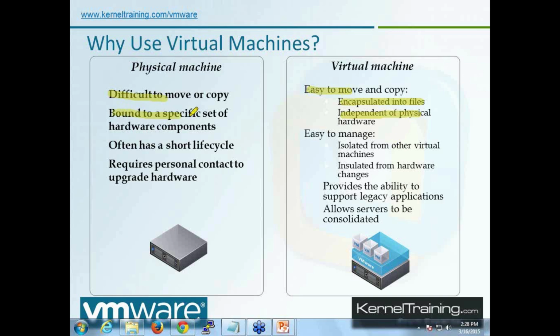A physical machine is bound to a specific set of hardware components. That means my hardware can only be available in this area. I cannot move it freely. But when it comes to a VM, it is isolated from other virtual machines and it is independent. I can move it from here and put it over there. One more thing, guys. The life cycle of a physical machine is very short.